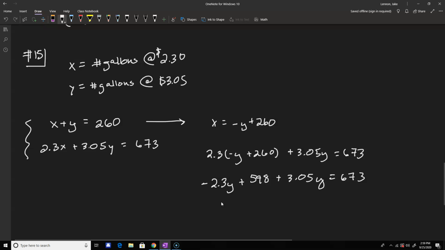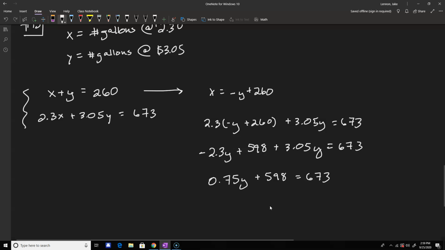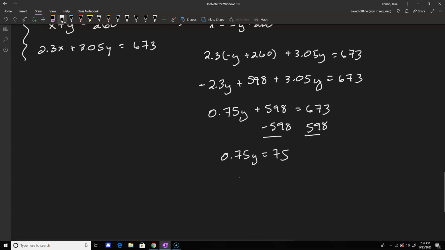So let's do the 3.05 minus the 2.3. That gives us 0.75, so we get 0.75y plus 598 equals 673. And it looks like the numbers are going to come out quite nice. So when we subtract 598, we'll be left with 75. So 0.75y equals 75. And so when you divide by 0.75, we get y is 100.